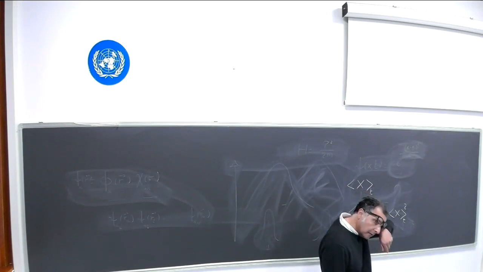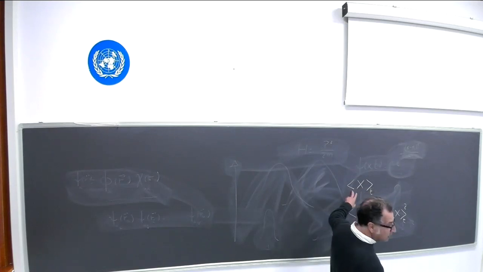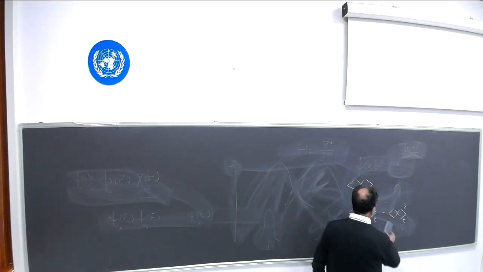So tell me, what is the average value as a function of time? Can you imagine? Think about it. This you can solve without computing it. This you have to compute.